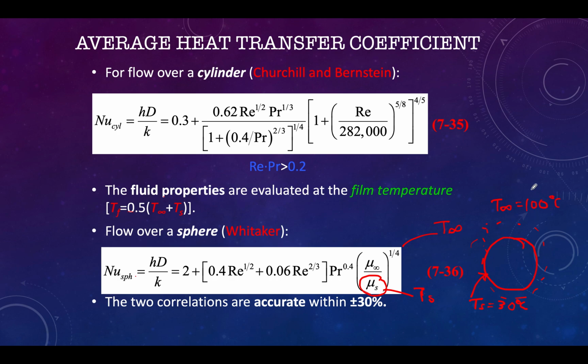All the properties will be evaluated at 100 degrees Celsius, except for mu s, which will be evaluated at 30 degrees Celsius. If you substitute into this equation, you will get the Nusselt number for a sphere. Then you equate with hD over k to determine the heat transfer coefficient. Again, this diameter is the outside diameter.